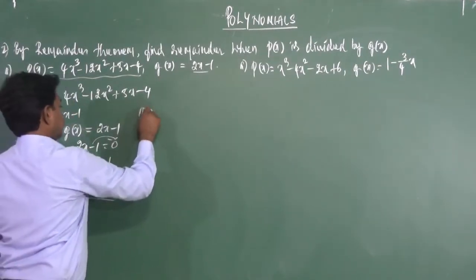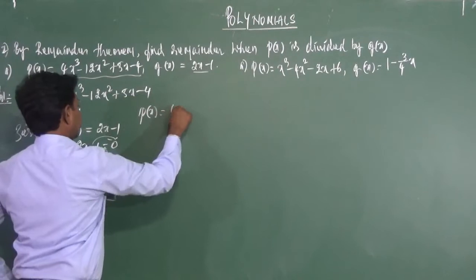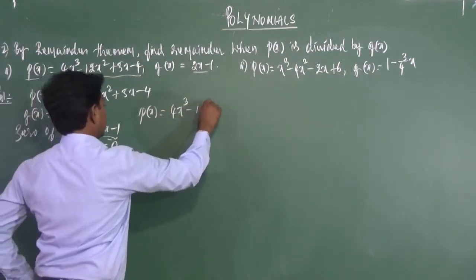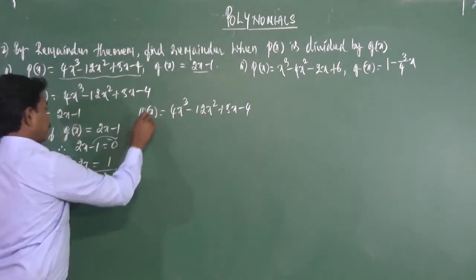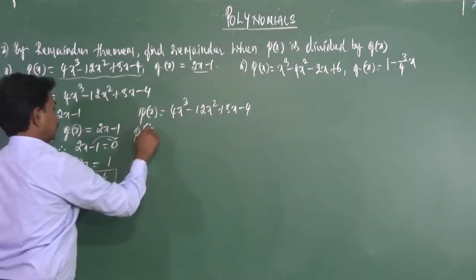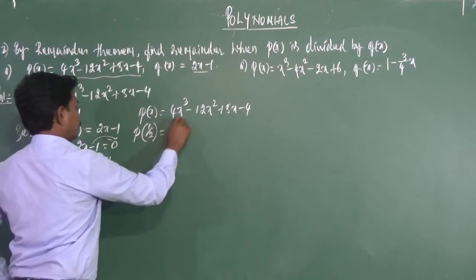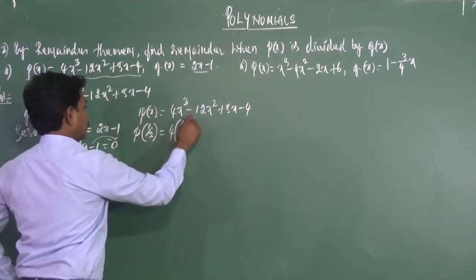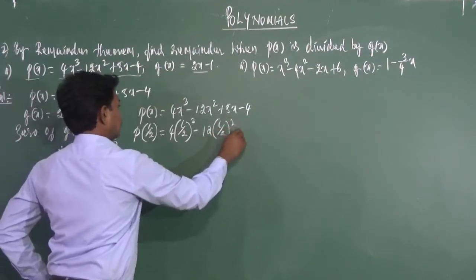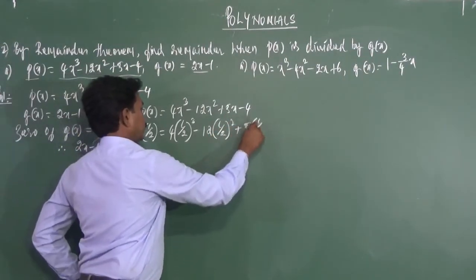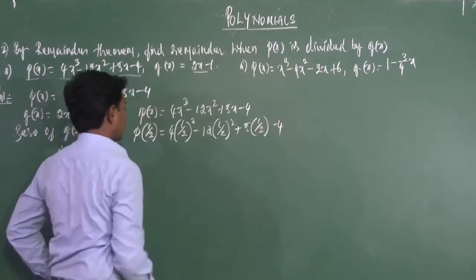So p of x is equal to 4x cube minus 12x square plus 5x minus 4. So p of 1 by 2, we will substitute this, is equal to 4 into 1 by 2 whole cube minus 12 into 1 by 2 whole square plus 5 into 1 by 2 minus 4.